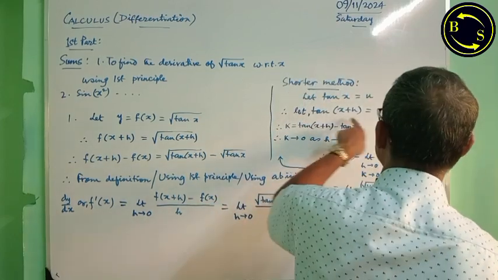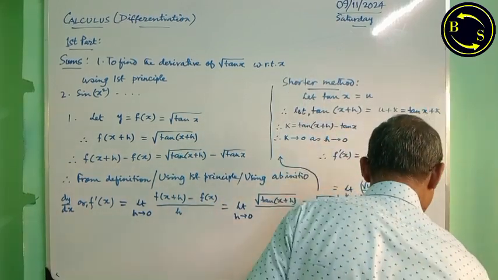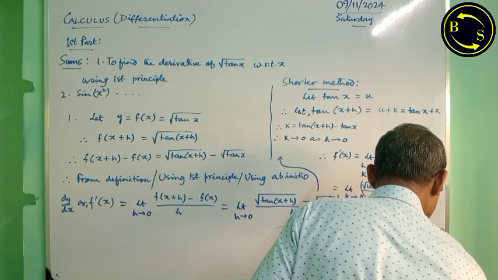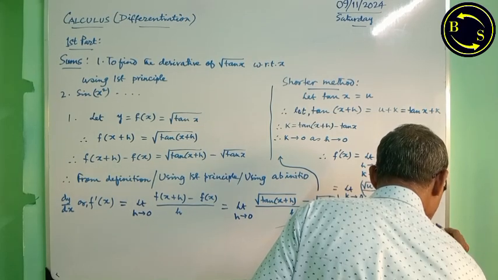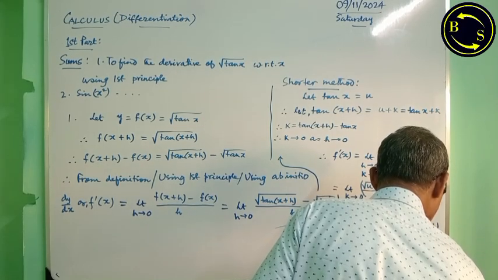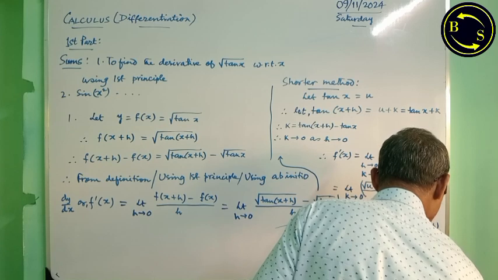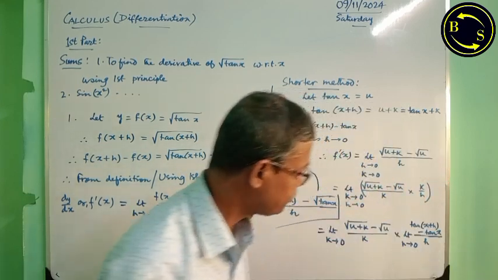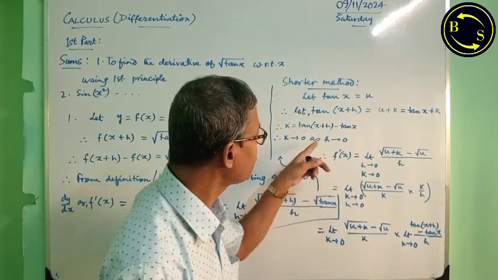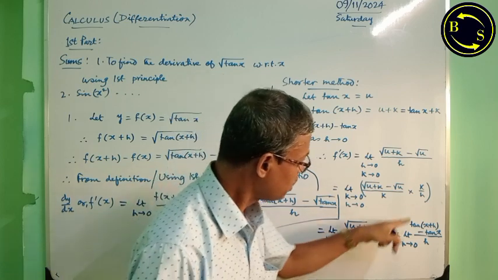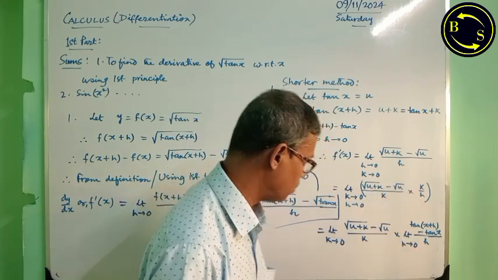Now k is equal to this one; we have already calculated k, and this k is replaced by this one.